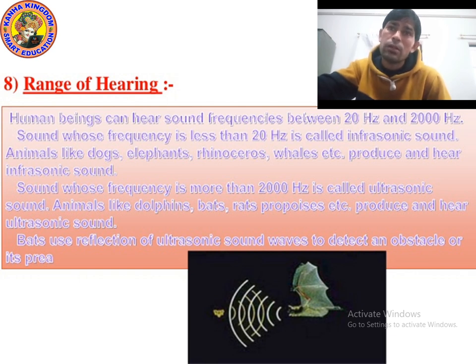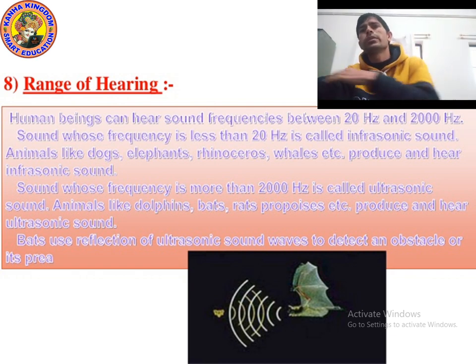And how does a bat, which flies at night, find its prey for eating? Actually, the bat uses the reflection of ultrasonic sound waves.